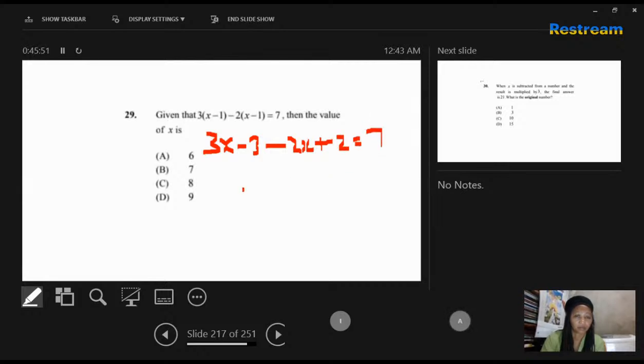So x minus 1 equals 7. What would x equal? 8. The answer is C.